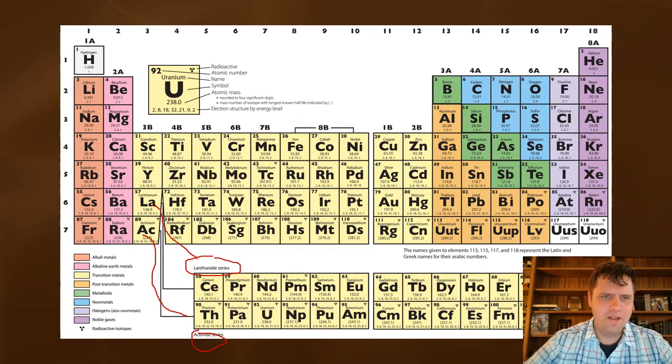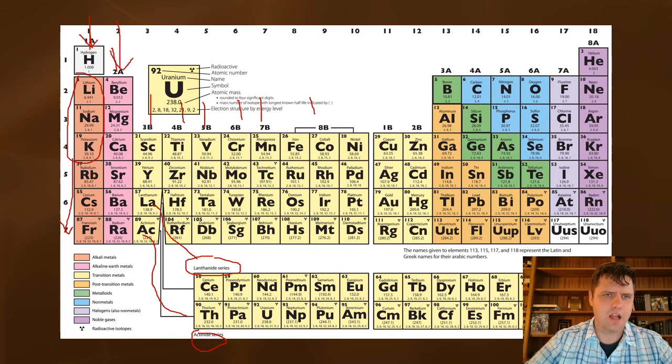But notice here that things that are under the same column on the periodic table have similar properties. So when Dobereiner sees his triads and sees things like lithium, sodium, and potassium and groups them together and says that they're similar to one another, they are. It just so happens that there's also other elements that are similar to those as well, because they all land on this first column.